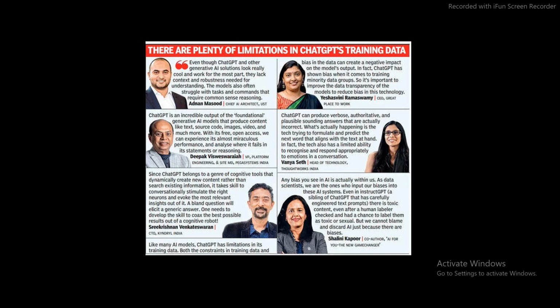One of the comments here says that bias in the data can create a negative impact on the model's output. In fact, ChatGPT has shown bias when it comes to training on minority data groups. So it's important to improve the data transparency of the model to reduce bias in the technology.